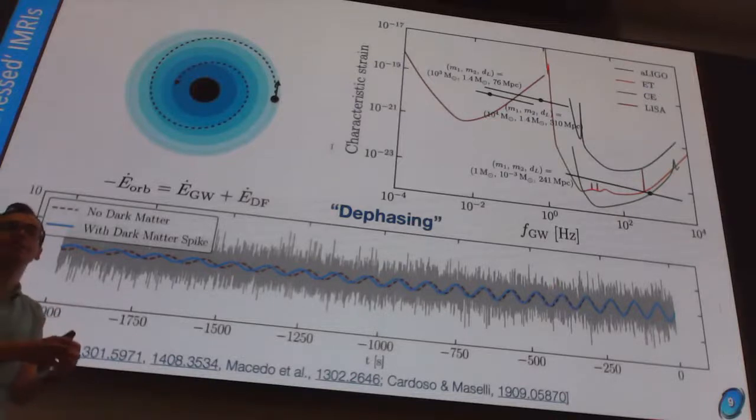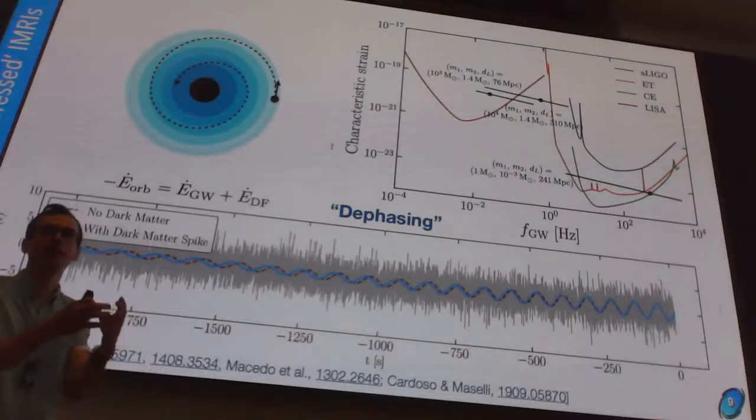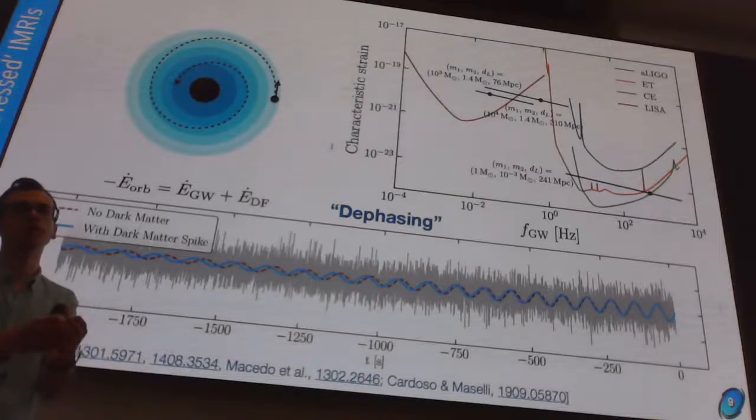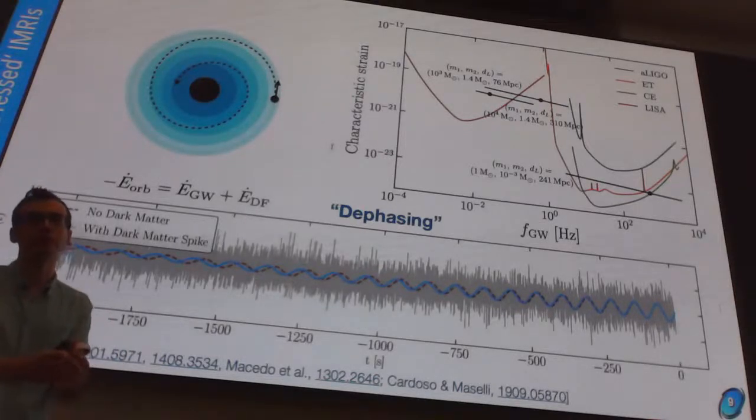What typically happens is that the size and mass of the dark matter spike is correlated with the mass of the black hole. And so the smaller object is probably going to have a much smaller spike, and so it's either going to be stripped away or just going to be less relevant in the calculations.